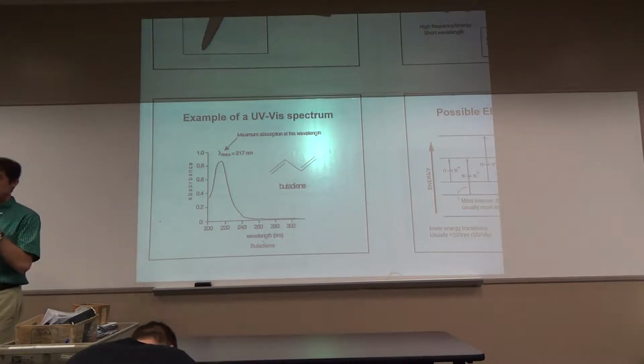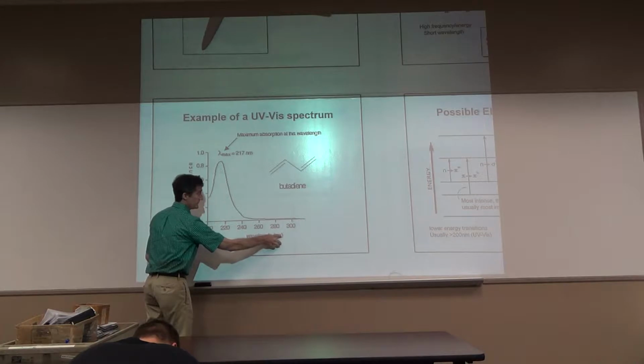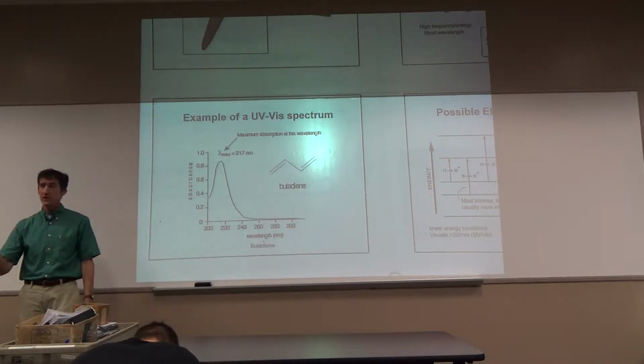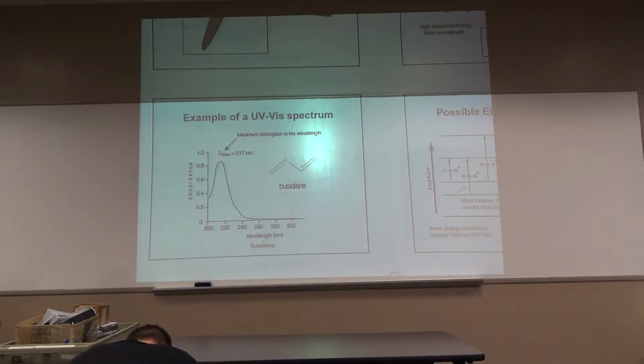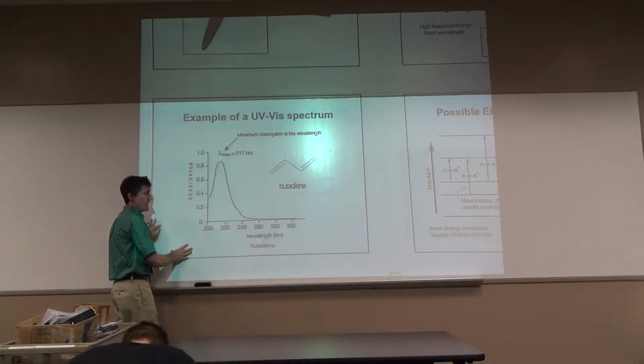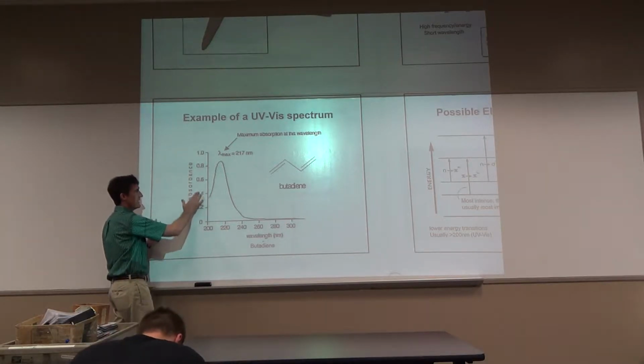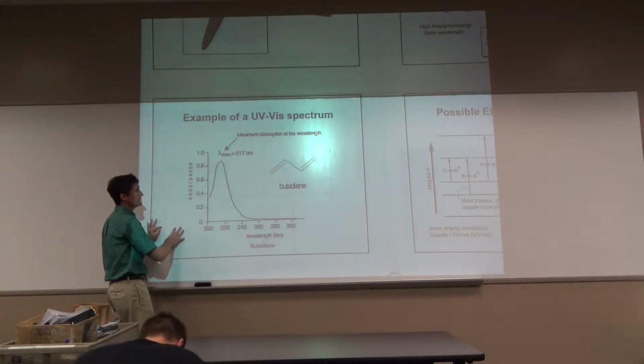IR deals with IR light. In IR, we plot wave number. In UVVis, we actually plot wavelength. This is going to be absorbance. Just like IR, basically absorbance or transmission.